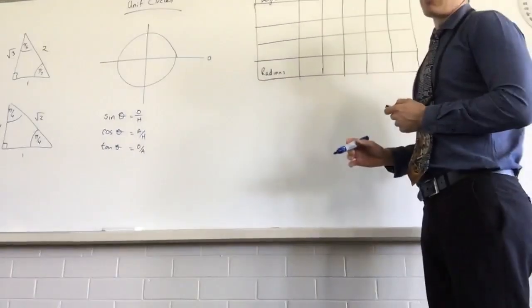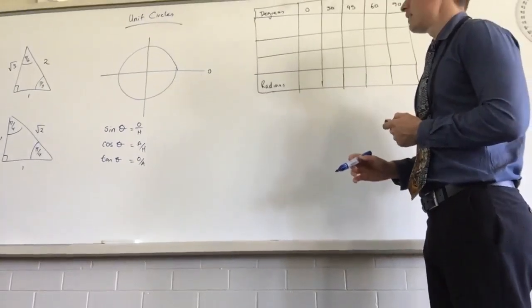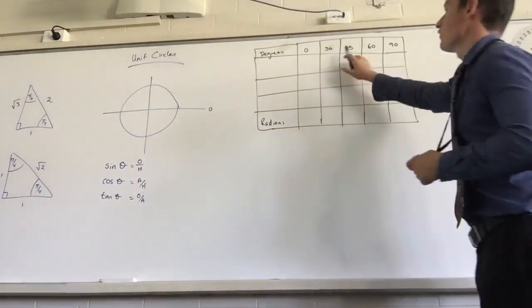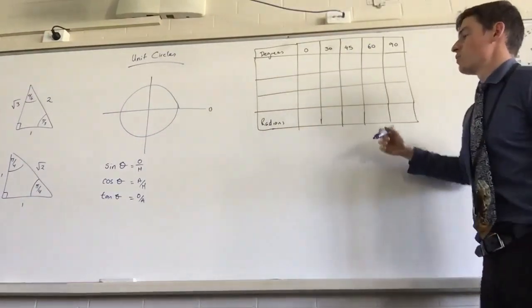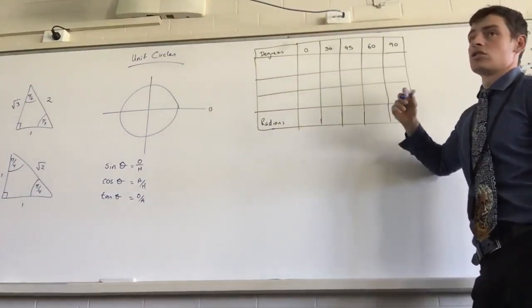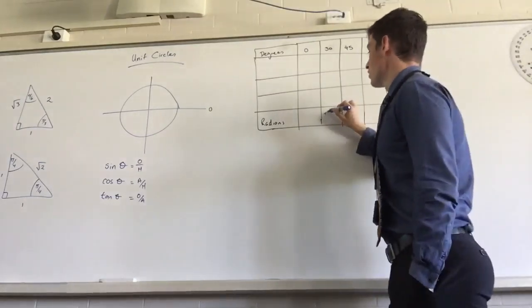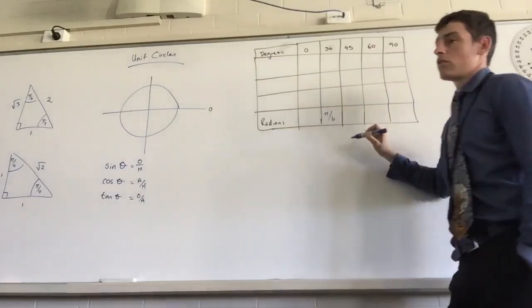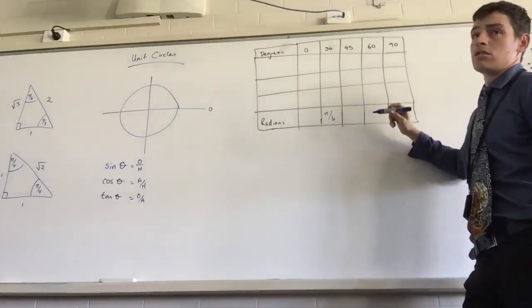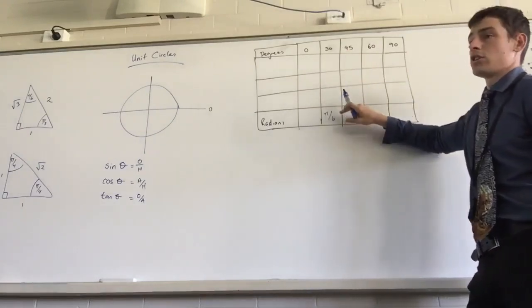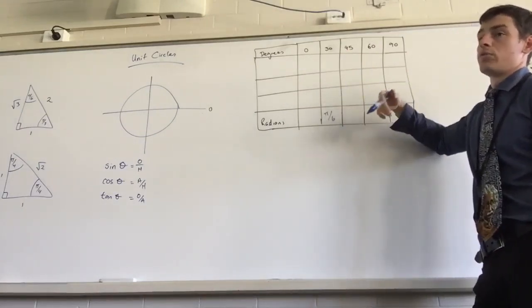I'm going to leave the 0 and the 90 degrees till the end though. So we're just looking at 30, 45 and 60. Firstly, which radian measure is 30 equal to? Pi on 6. For those of us who don't know how to convert degrees to radians, does anyone not know? We times by pi, divide by 180, or 2 pi divided by 360.